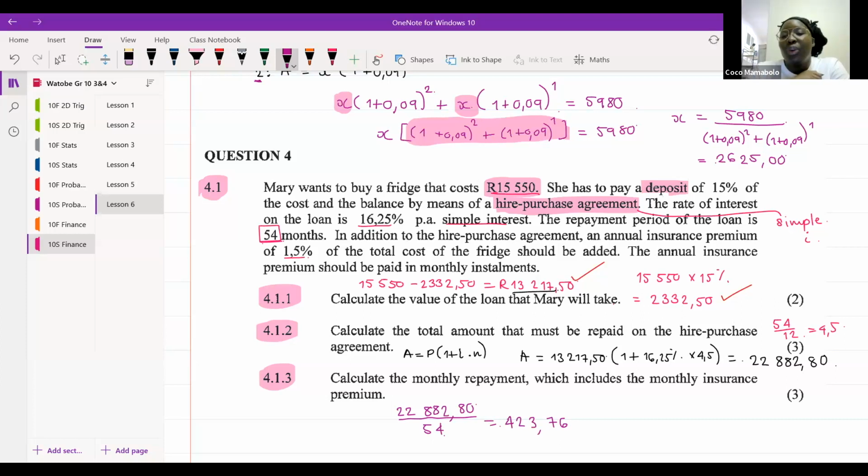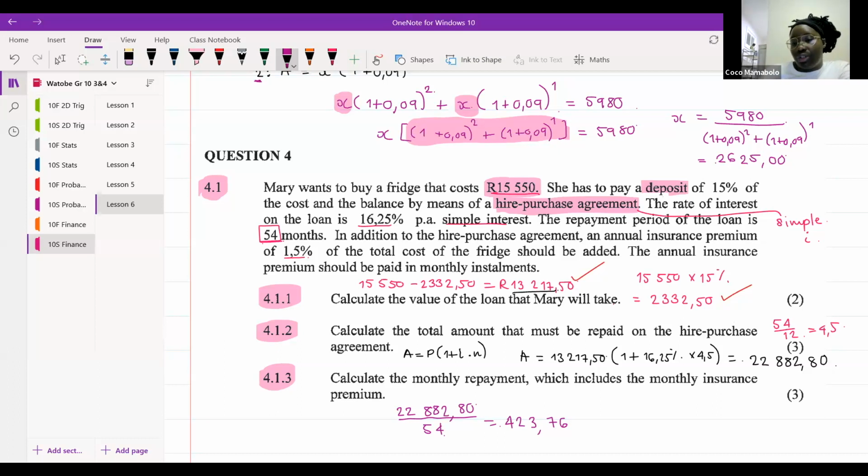But we still haven't included something in this amount. What have I forgotten to add into this 423 that we've got there? Correct. We've forgotten the insurance. So we need to add the insurance of 1.5%. We need to figure out what 1.5% of 423.76 is and add it onto that. But I figured out an easier way to do that.